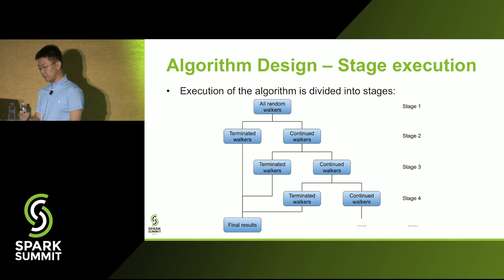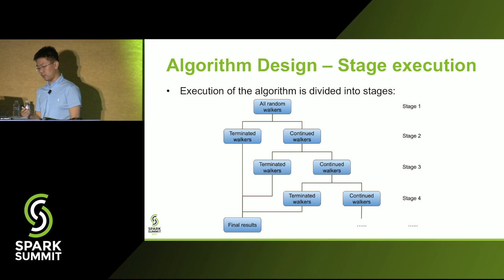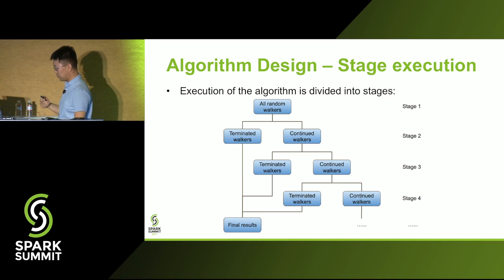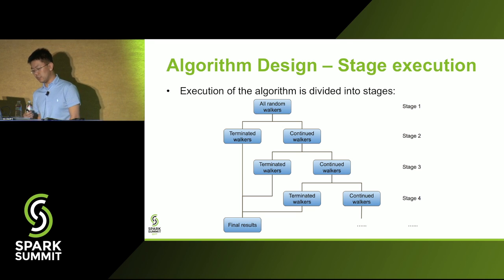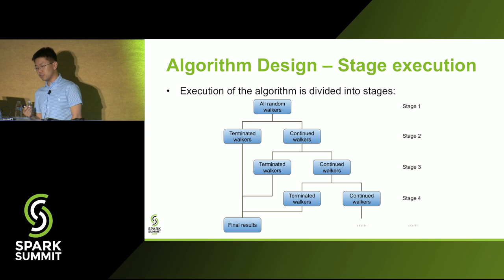The algorithm itself is iterative and can be divided into multiple stages. As illustrated in this diagram, each stage of the algorithm execution terminates some random walkers based on the termination probability alpha. The continuing walkers then need to be sent to the corresponding remote vertex in order to start the next stage of the algorithm. When all the random walkers are terminated, they are aggregated together to form the final results.